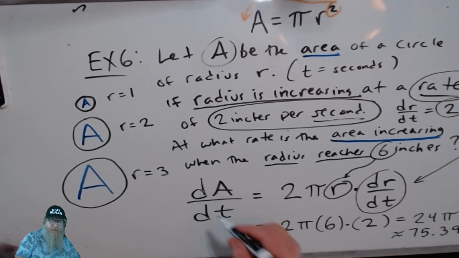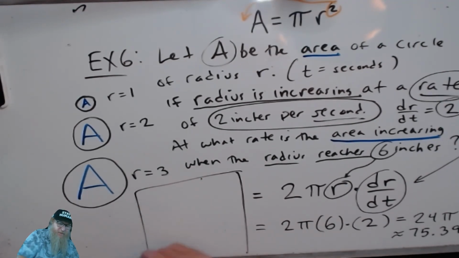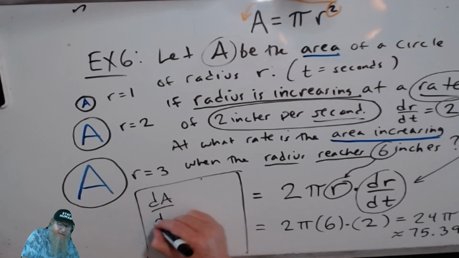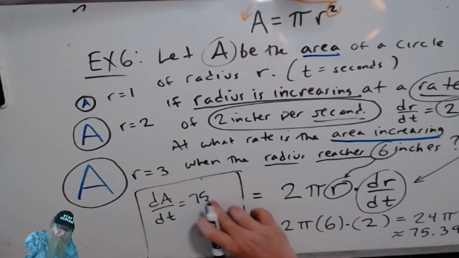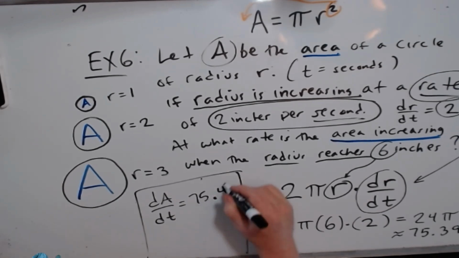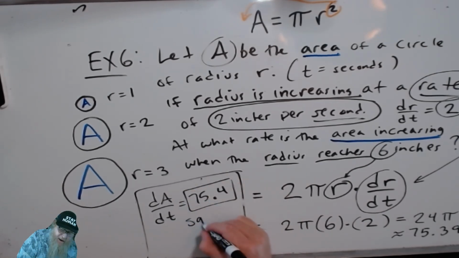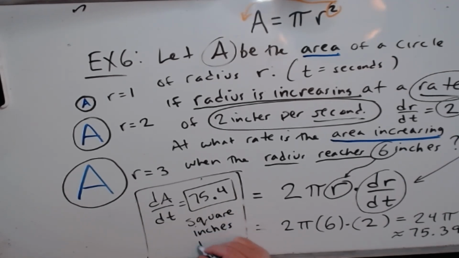Write it over here. dA/dt is 75.4 square inches per second.